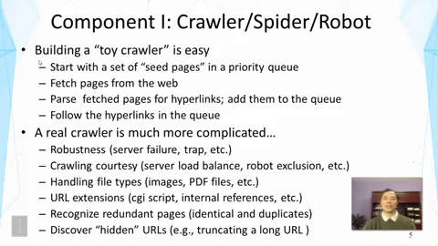And you ideally should also recognize redundant pages because you don't want to duplicate those pages. And finally, you may be interested to discover hidden URLs. Those are URLs that may not be linked to any page, but if you truncate the URL to a shorter path, you might be able to get some additional pages.